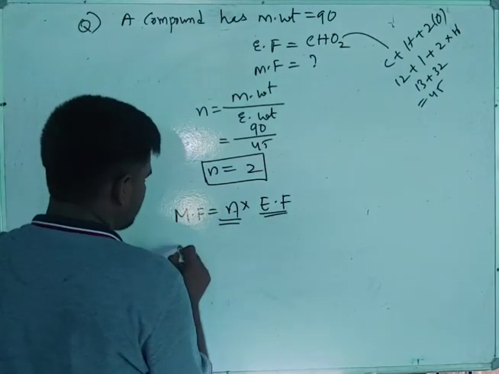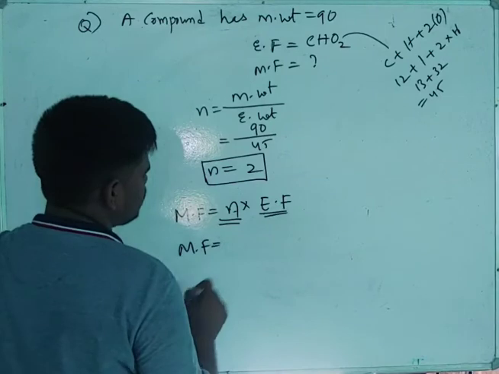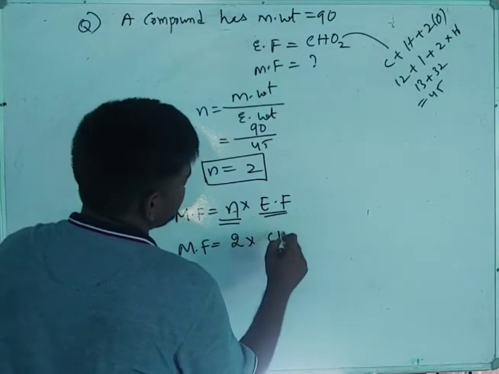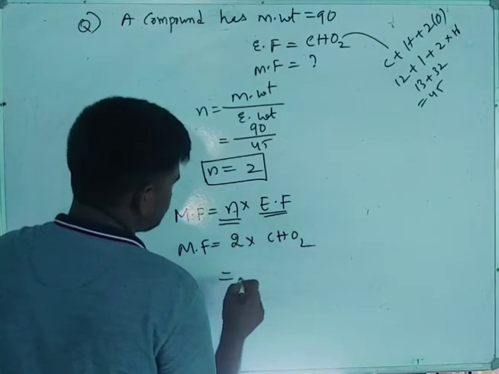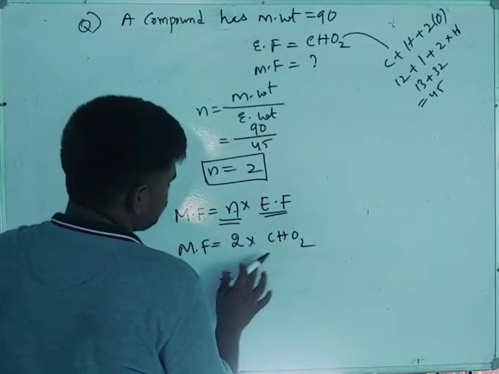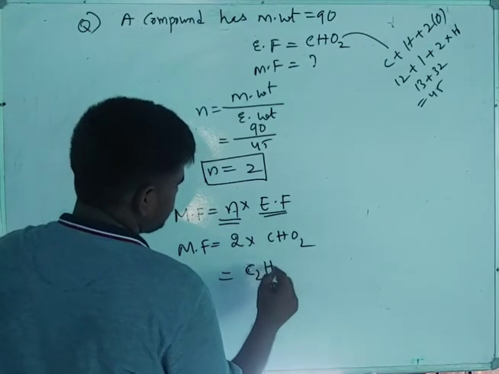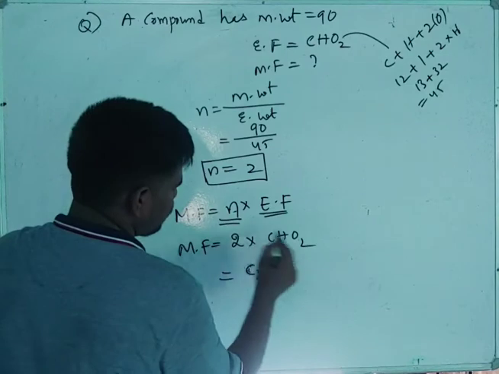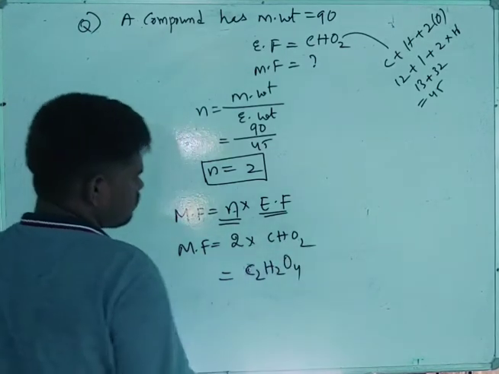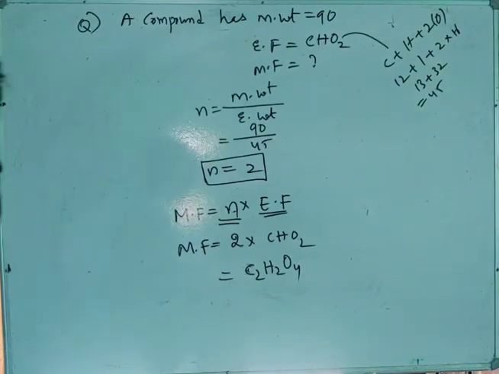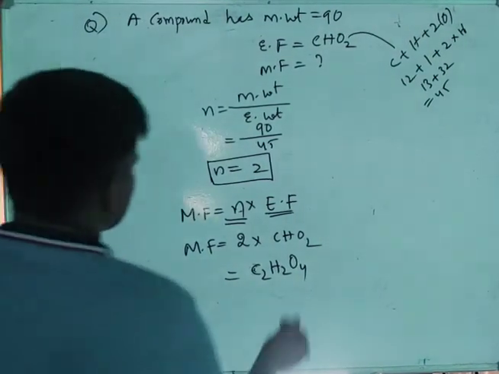Substituting here, molecular formula is equal to n value 2 into empirical formula CHO2, which is equal to 2 into C, 2 carbons, C2, and 2 into H, 2 hydrogens, and 2 into 2, 4 oxygens. So this is the molecular formula of the compound with the empirical formula CHO2 and molecular weight 90. Now let us see one more problem.